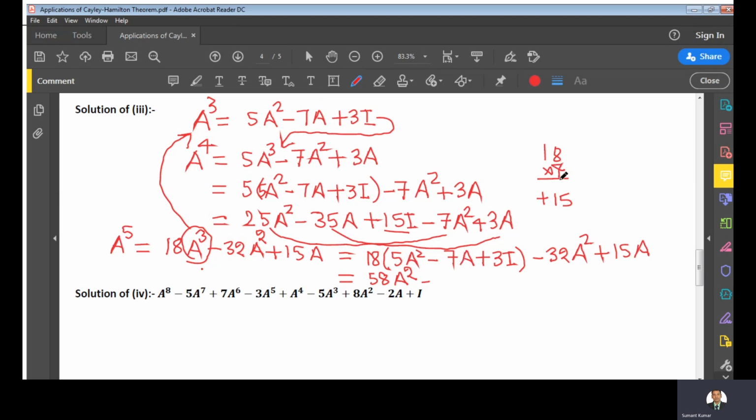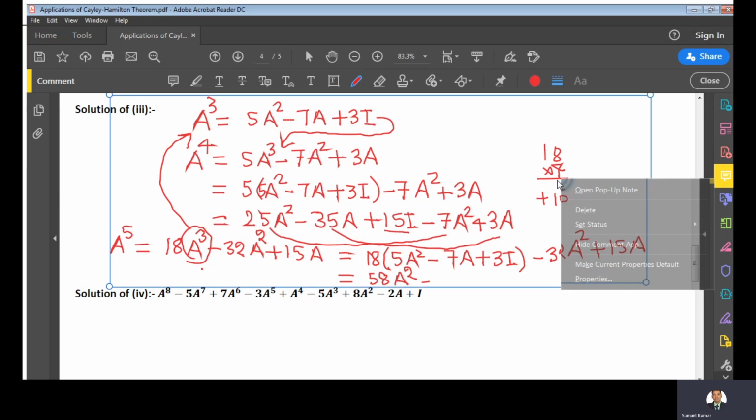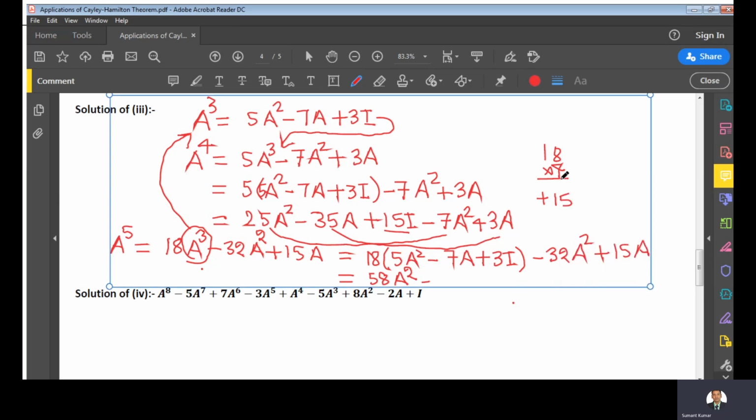It will become 651. 7 times 8 is 56. Okay, so 6 here and 7 and 5, 126, correct? And when you add these two, you will get what? 141, right?